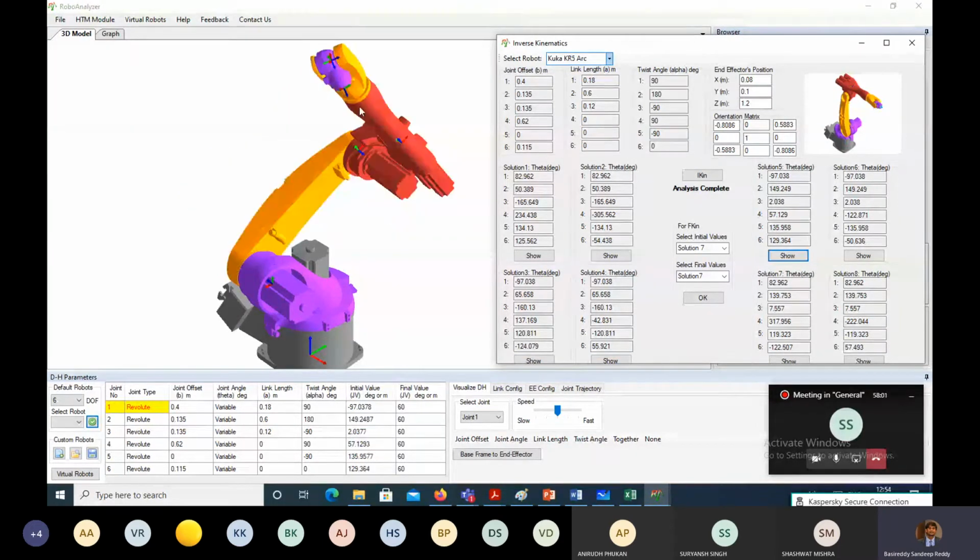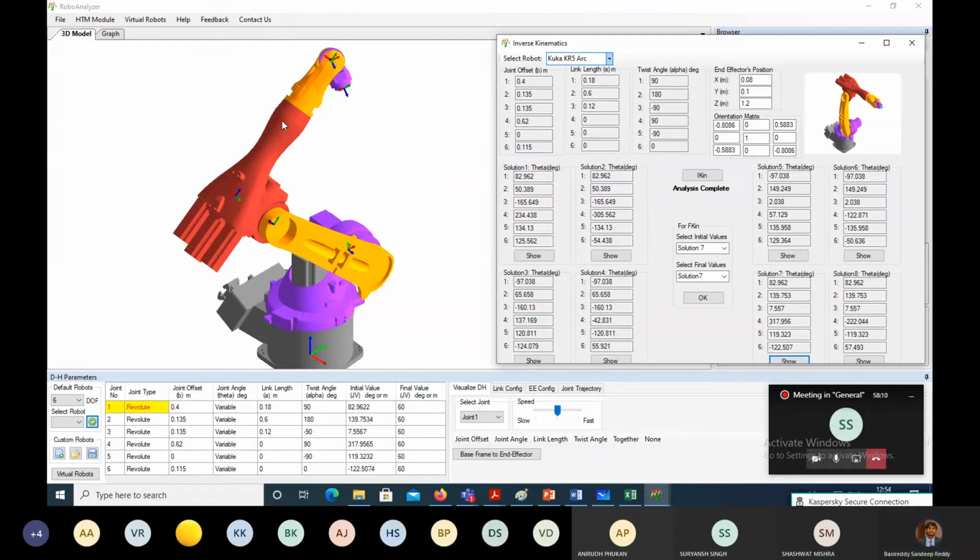Solution 5, a different orientation. Solution 6, the wrist position. Solution 7, the shape has changed. Solution 8. So just click this show button that is there underneath solution 1, solution 2 and so on, and you'll see how the shape of the figure goes on changing.